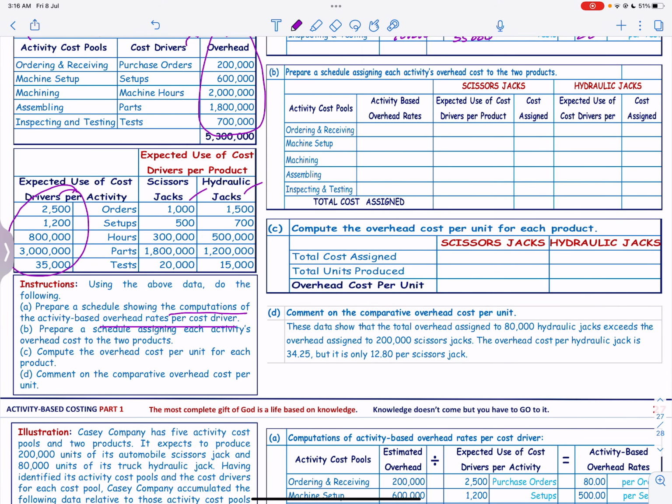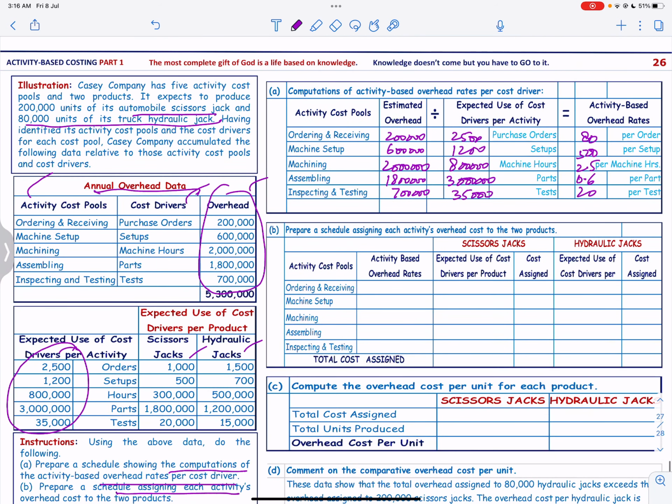Next, they ask us to prepare a schedule assigning each activity overhead cost to the two products. So we have just now calculated the rates, 80, 500, 2.5, 0.6 and 20. For scissor jacks, we have 1,000, 500, 300,000, 1,800,000 and 20,000.